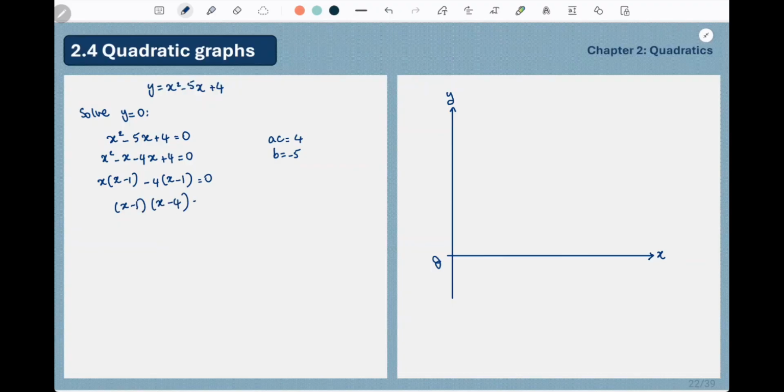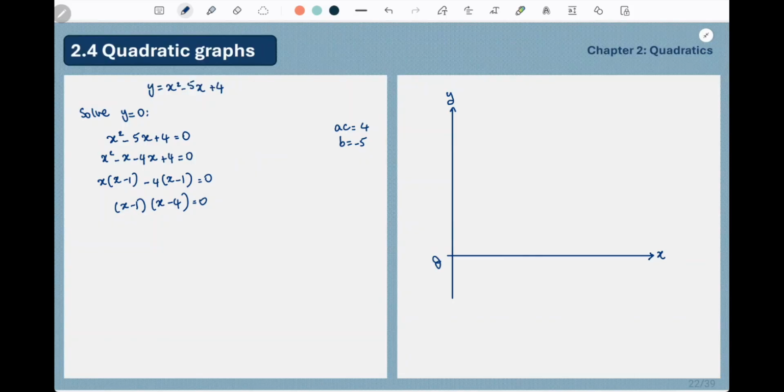Alternatively, once we identify those two numbers that multiply to 4 and add up to minus 5, you can go from here directly and do x minus 1, x minus 4. You just plug them in and set it equal to 0. So you can skip all of these stages, but this only works when a is equal to 1.